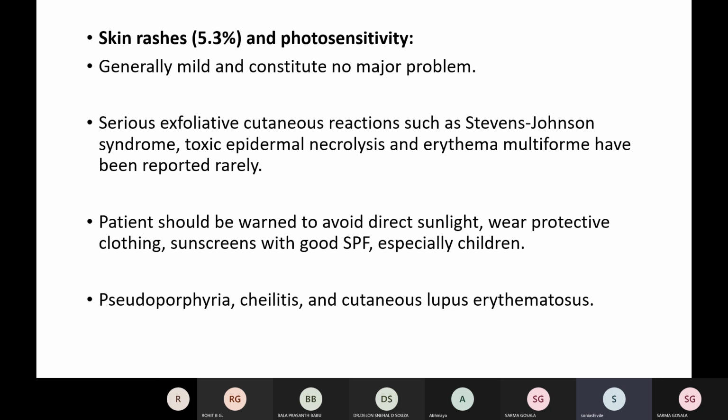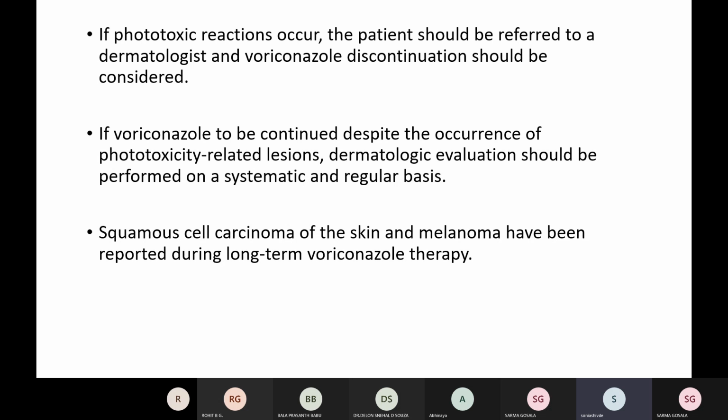Patients should be warned to avoid direct sunlight, wear protective clothing, and use sunscreens with good sun protection factor, especially children, because they are more prone to developing photosensitivity. Then other phototoxic reactions like pseudoporphyria, cheilitis, and cutaneous lupus erythematosus have also been reported. If phototoxic reactions occur, the patient should be referred to a dermatologist promptly and voriconazole discontinuation should be considered.